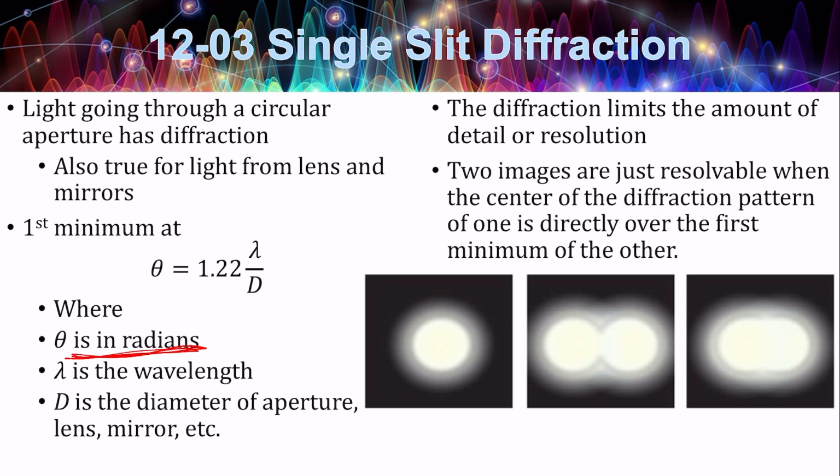So we say the two images are just resolvable when the center of one diffraction pattern is over the first minimum of the other. So the one on the right is the one that is just resolvable. We can just start to see that there are two circles there.